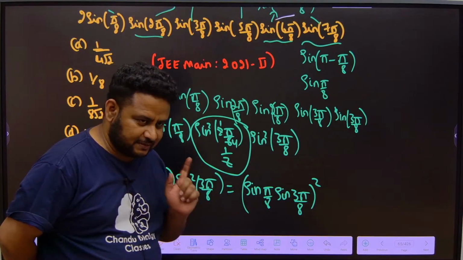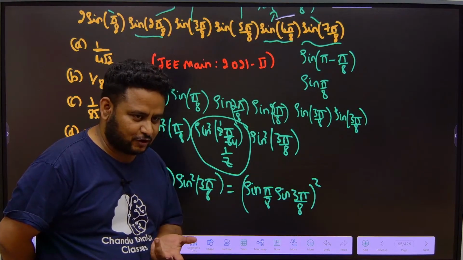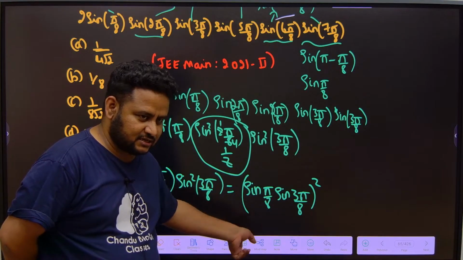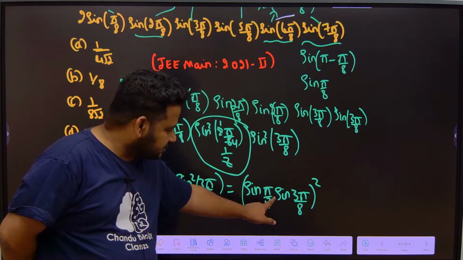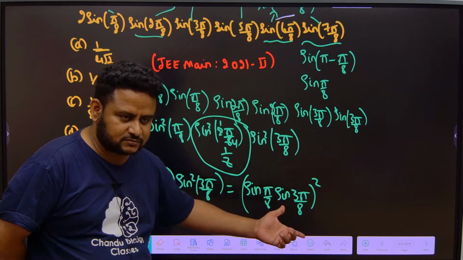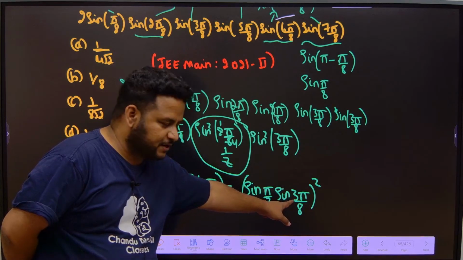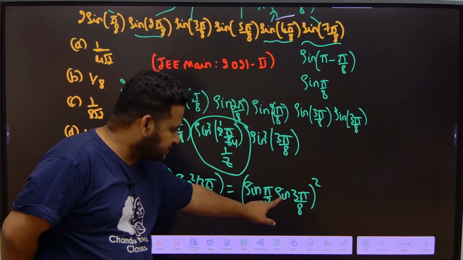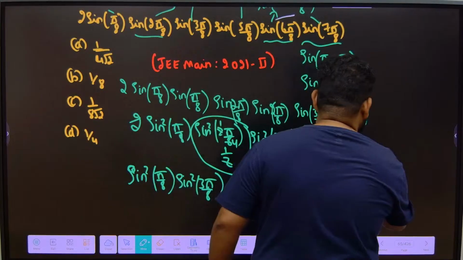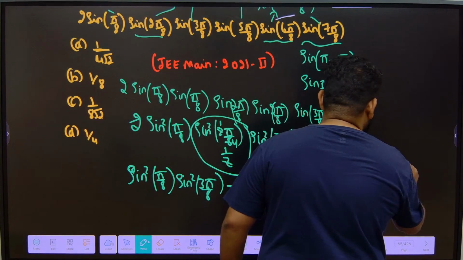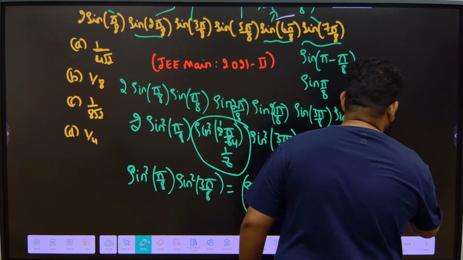Understand one thing, I am teaching the concept of double angle formula. If sin is there, I have to get cos. But here it is in terms of sin. So if I have to convert this to cos, as per this 3π/8, I have to convert it to π/8. Okay, this is my goal.